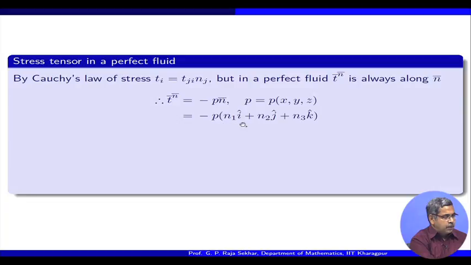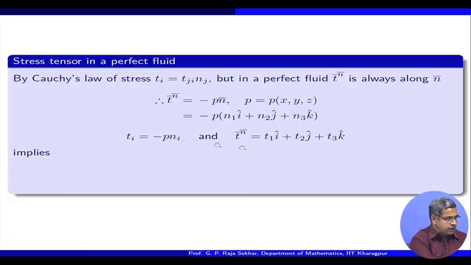Now, n bar can be resolved like this, and t is the stress vector, so that can also be resolved like this. The same thing in shorthand notation, because t is nothing but t1, t2, t3. So, we can introduce this shorthand notation: t1 is minus p n1, t2 is minus p n2, t3 is minus p n3.